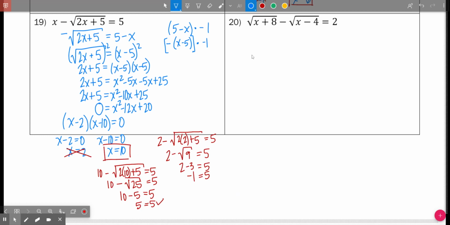In number 20, we have two radicals. So the first step is to get one radical by itself. So I have the square root of x plus 8 is equal to 2 plus the square root of x minus 4.